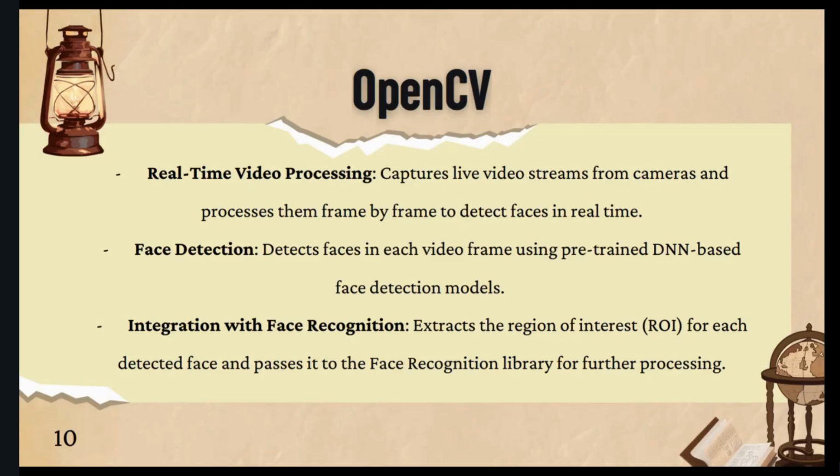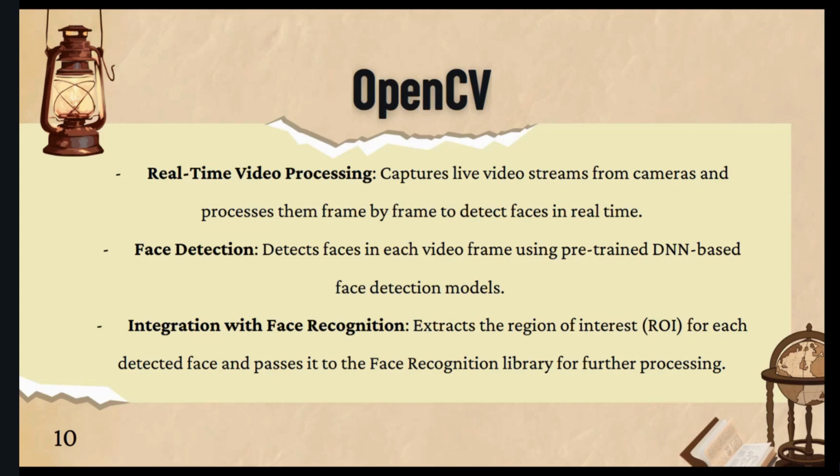We also use OpenCV for real-time video processing to capture the live video stream from the camera, and it can also detect the face in the camera with a pre-trained model from face recognition. We integrate OpenCV with face recognition to extract the region of the detected face and pass it to the face recognition library.